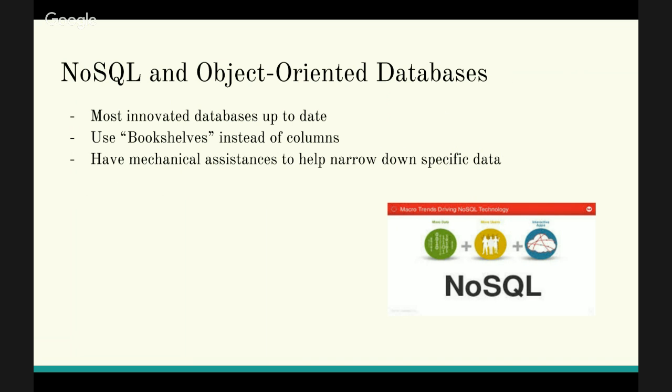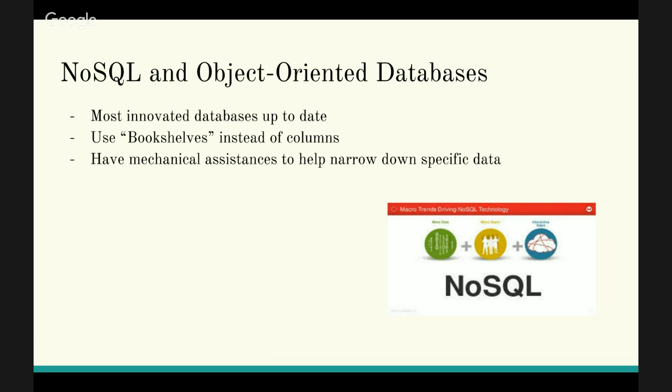Now here's the NoSQL and object-oriented database. Both of these databases are incredibly technologically advanced. They are both prized as the most innovative databases up to date. Instead of organizing data in a common and simple way like on a Microsoft Excel spreadsheet, these databases use a more complex method of organizing their data on something called bookshelves, which are a lot more advanced than just organizing data into columns on a spreadsheet.